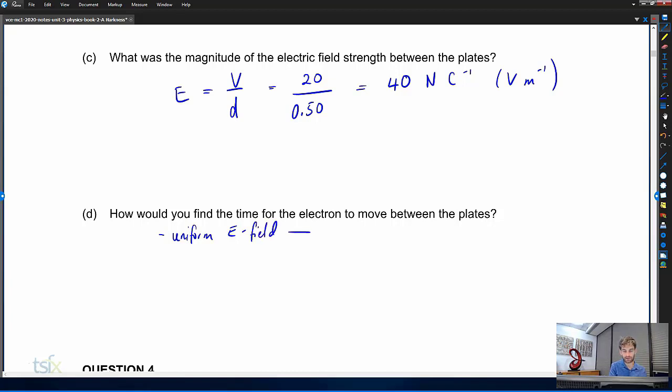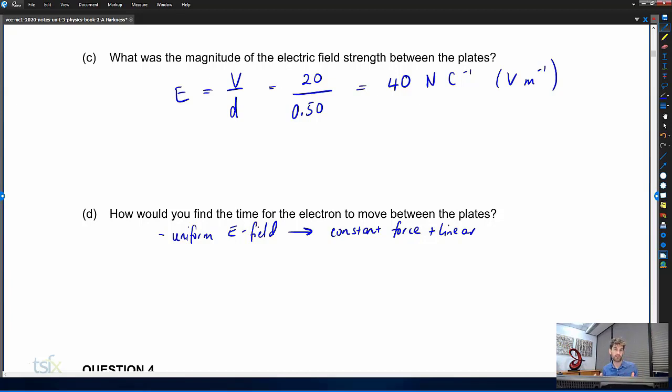Because we have a uniform electric field, that means we have a constant force acting on the charge, and it's moving in a linear direction. So we've got a constant force, and that force is in the direction of motion.